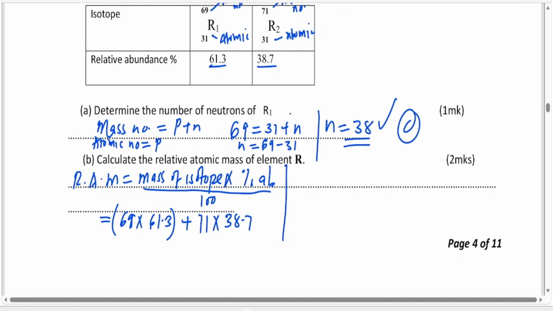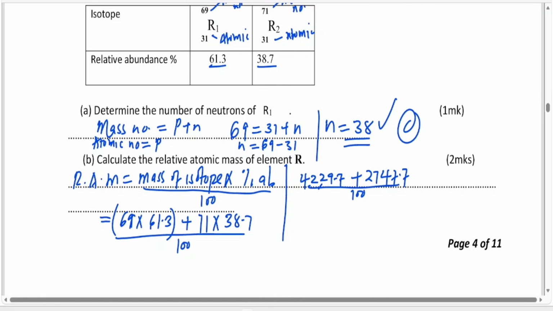When I work this out, students, I obtain 4229.7 plus 2747.7, and then divided by 100.